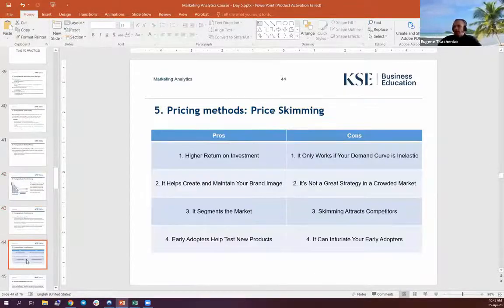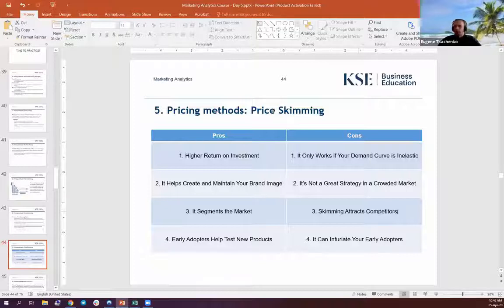Then price skimming, again, just an overview, has its own pros and cons. If we're talking about cons, it only works when your demand curve is inelastic. So luxury products, not a great strategy in a crowded market. That means that there are not many early adopters who can buy it. Skimming attracts competitors.